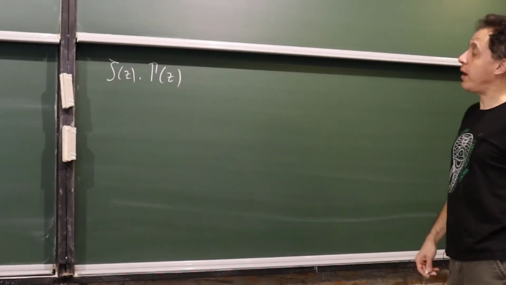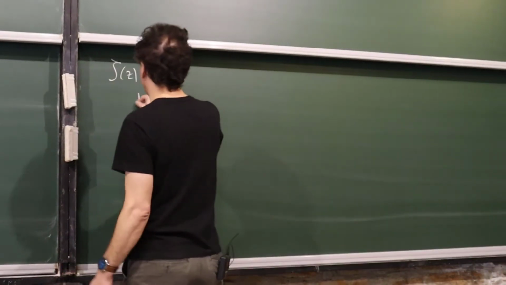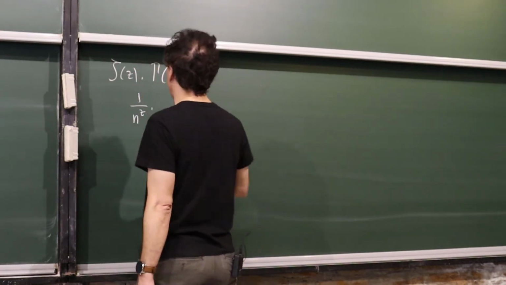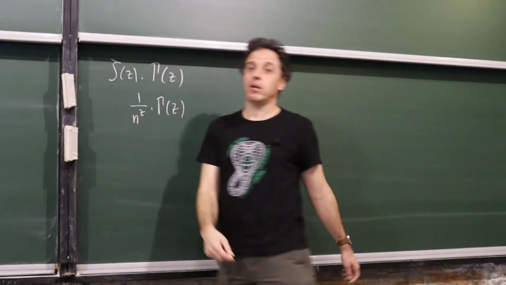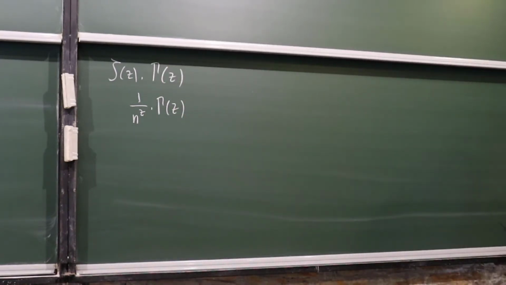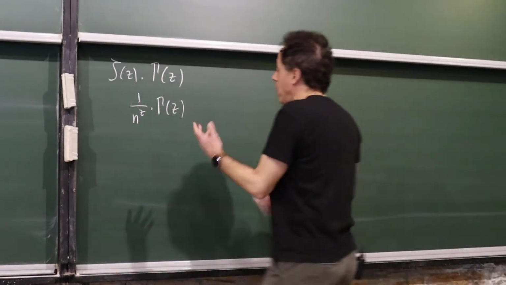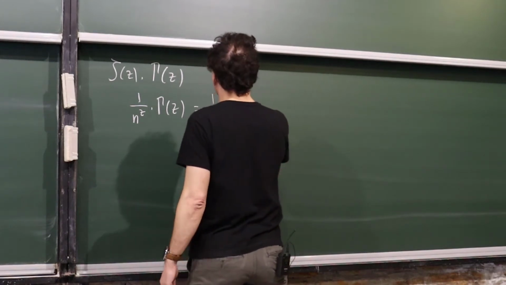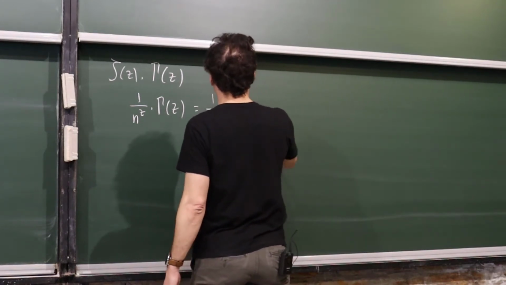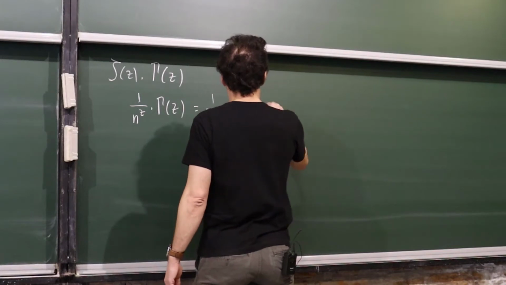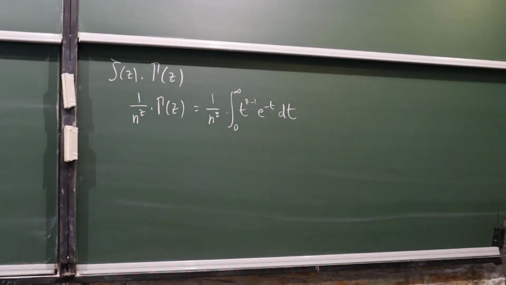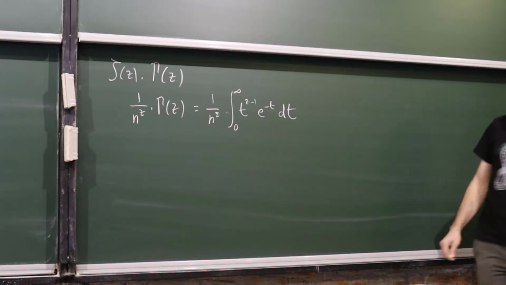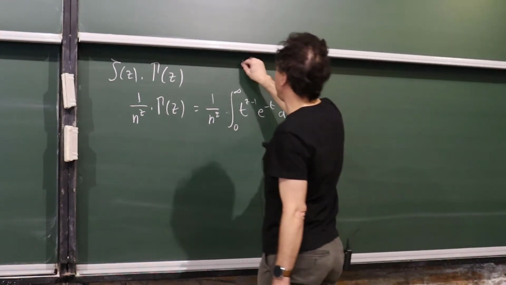In order to find this formula, we are going to compute the expression 1 over n to the z times gamma of z. This expression would be using the integral defining the gamma function, and making the change of variables t equal to nu.